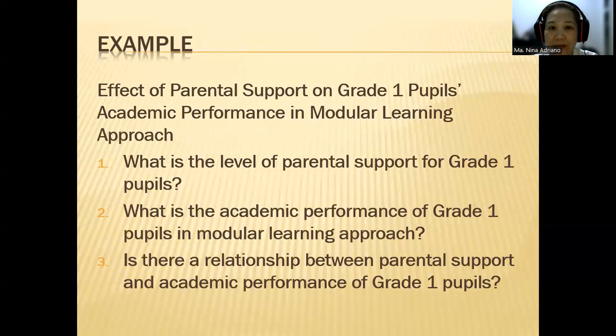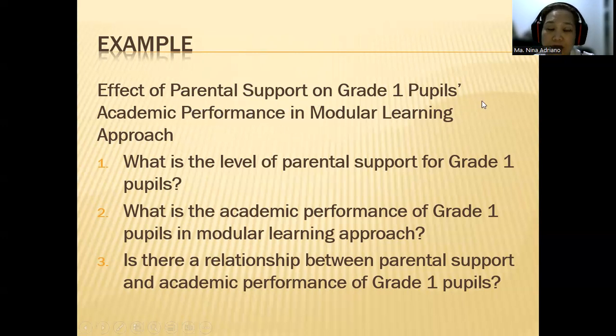This is an example of how you're going to do it. If your title is Effect of Parental Support on Grade 1 Pupils' Academic Performance in Modular Learning Approach in Kaingin Elementary School, the variables of your study are parental support and modular learning approach.